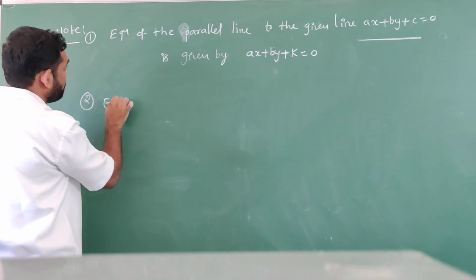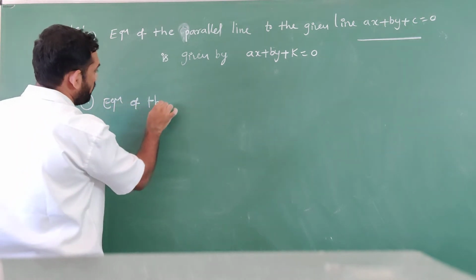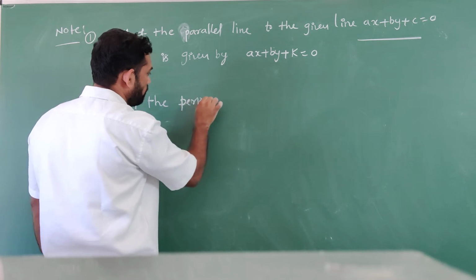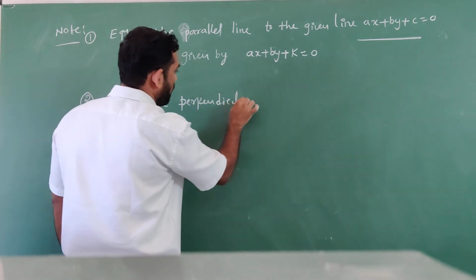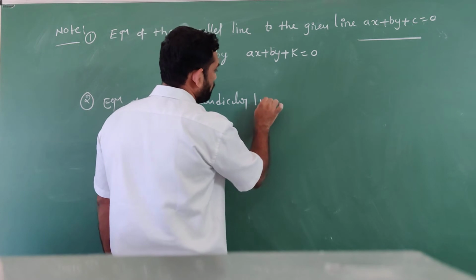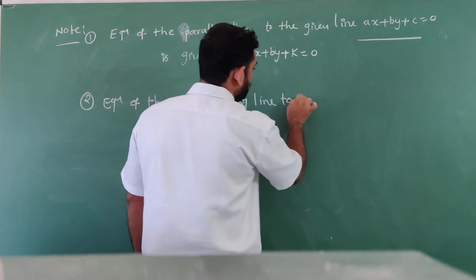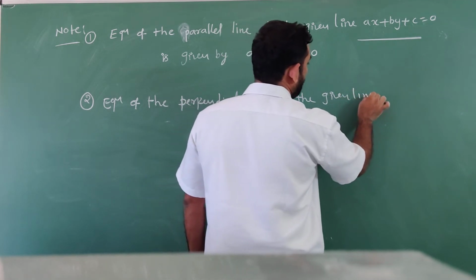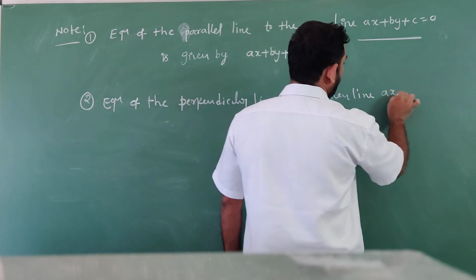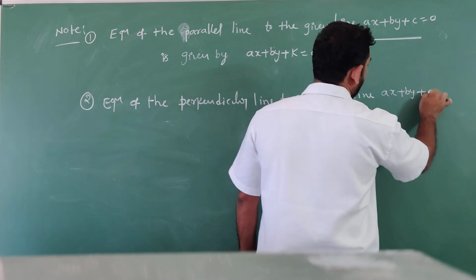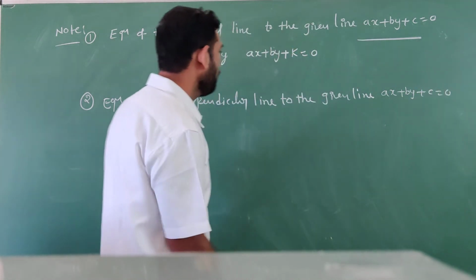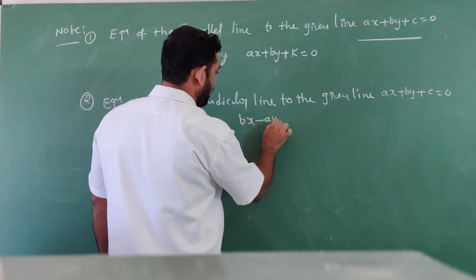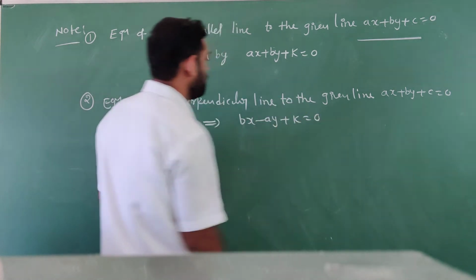Equation of the perpendicular line to the given line ax plus by plus c is equal to 0 implies bx minus ay plus k is equal to 0.